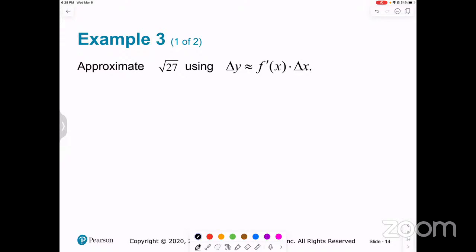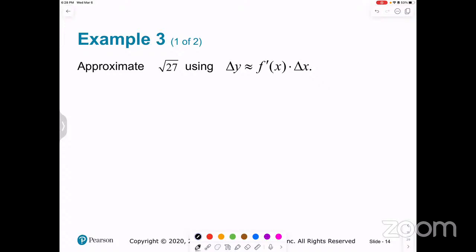Okay, I know this comes out of the concept where the square root of 27 is actually close to a perfect square, but it's not a perfect square itself, right? So we can use a close result to get an approximation of this guy, right?